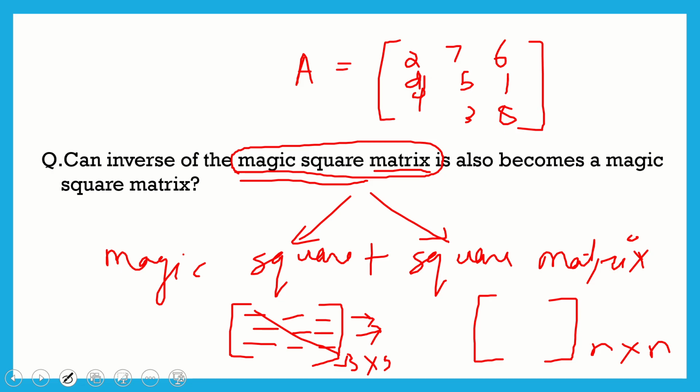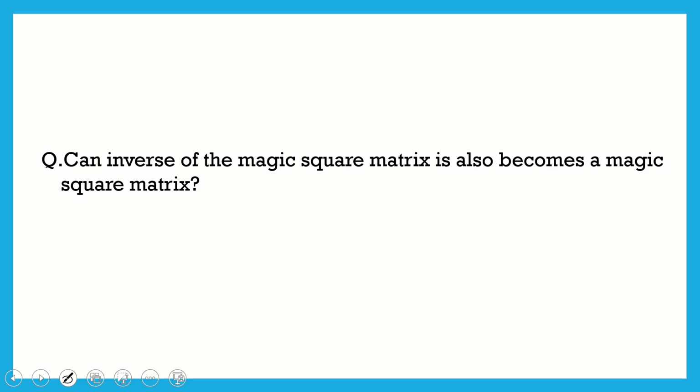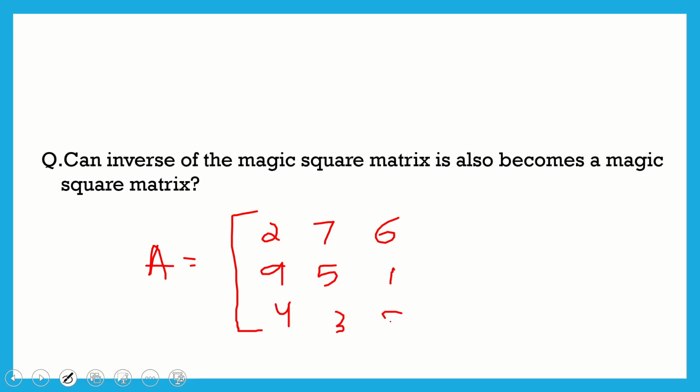It is a magic square. Here we have a magic square matrix: 2 7 6, 9 5 1 and 4 3 8.